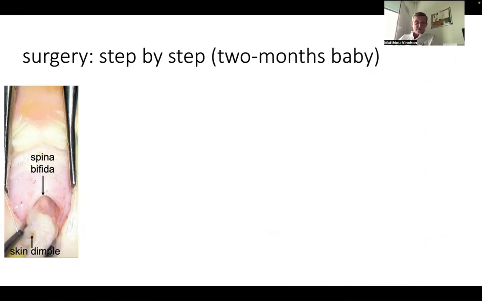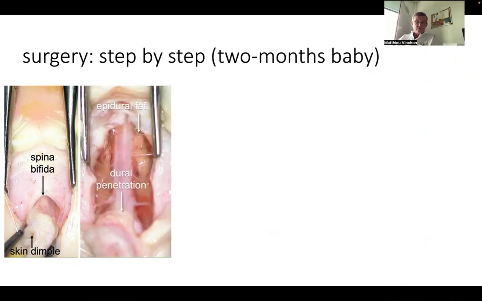So this is an example step by step in a 2-month baby who had time to develop meningitis, unfortunately, before she was operated. And you see the skin dimple, you see the spina bifida, which was very easily dissected. Then we expose the dural sac by just splitting the spinous processes of the spine.